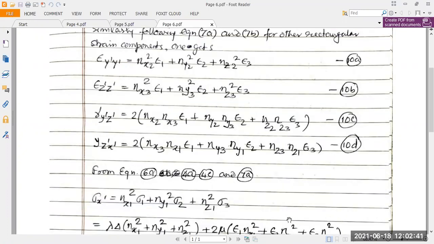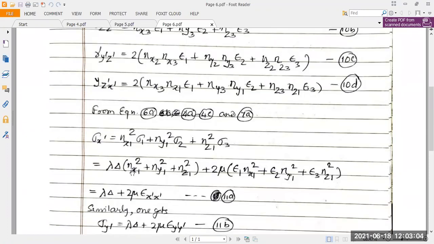Now, again, we know sigma x dash, we can put the value of sigma 1, sigma 2 and sigma 3 here in sigma x. So it will be reduced to take this particular form here.